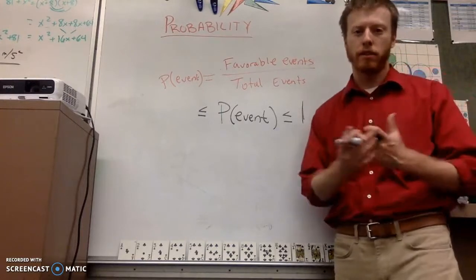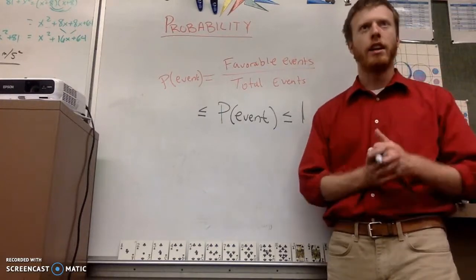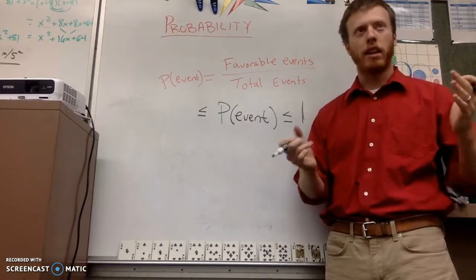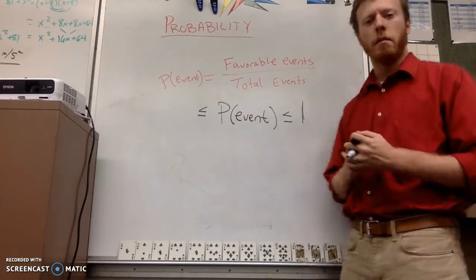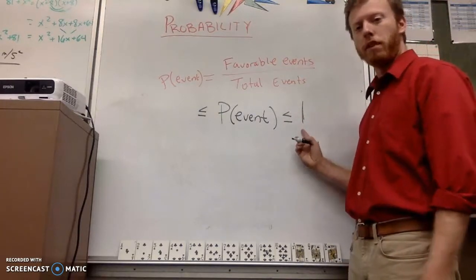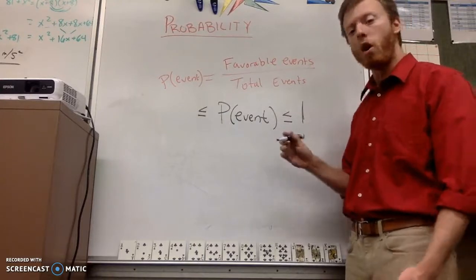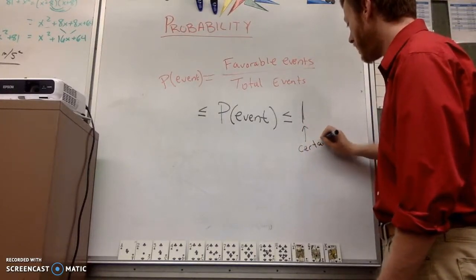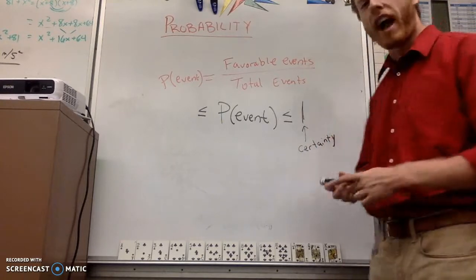So if you hear somebody answer the question, like, what's the probability that you fail Mr. McClellan's test, with something like 200% probability, they're being hyperbolic, because it's not possible for this to be greater than 1. 1 is a certainty. If you have a probability of 1, you know for a fact that it's going to happen.